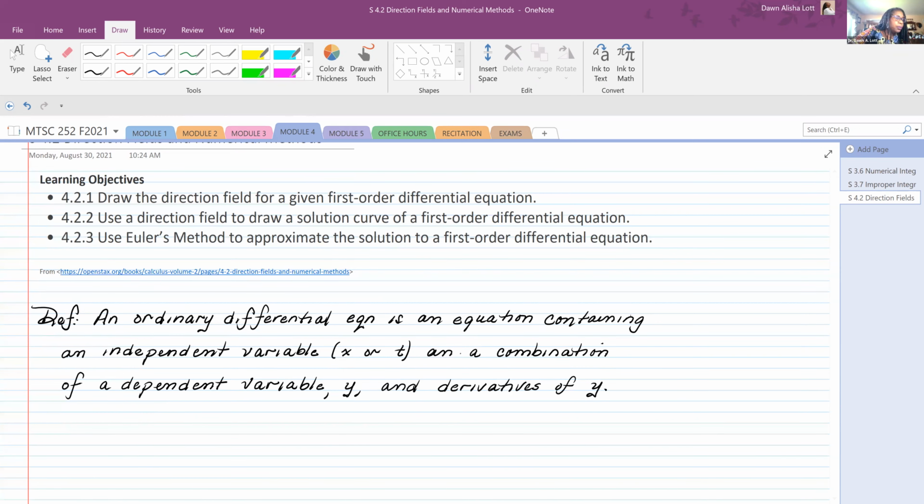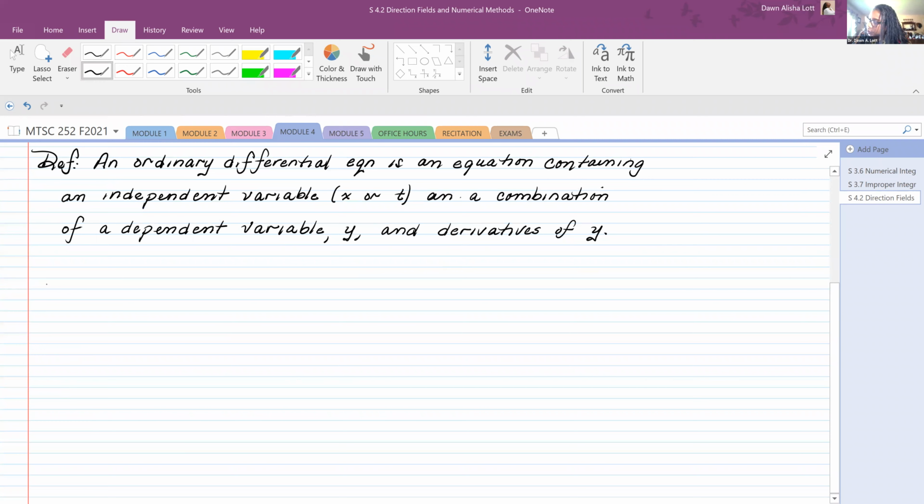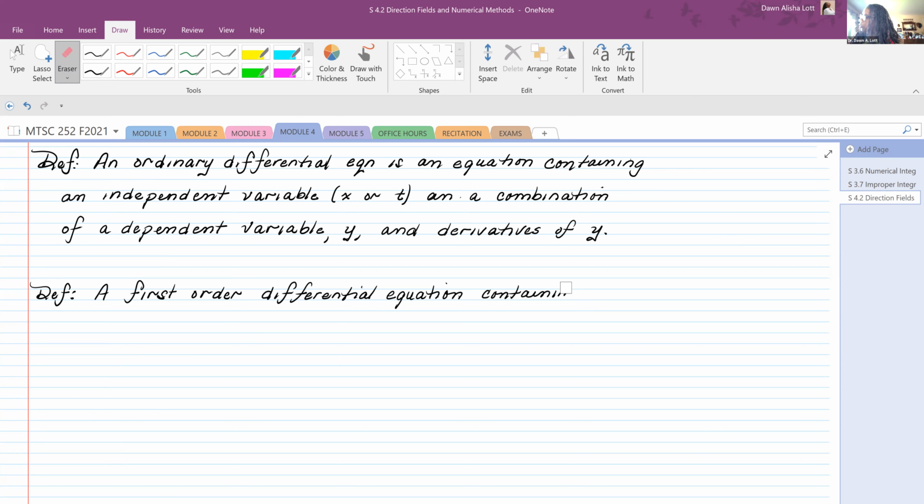Okay, so a first order differential equation contains only a dependent variable, y, and its first derivative.